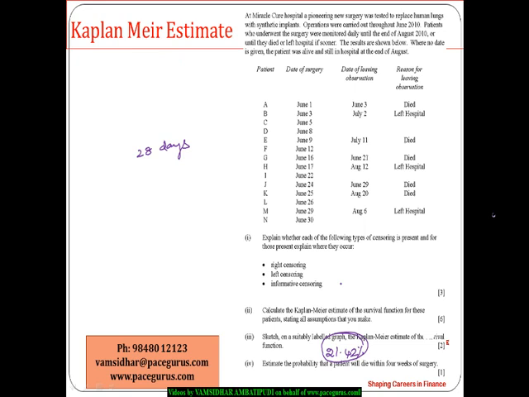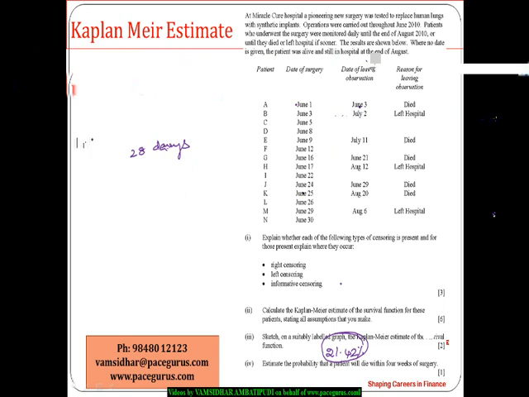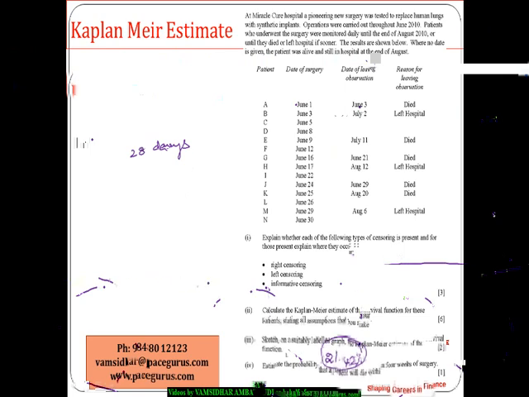This is a slightly interesting question relating to the Nelson-Aalen estimate, because we have the survival function here, and based on the survival function we have to work backwards in terms of computing the number of deaths as well as the number of them who got censored.